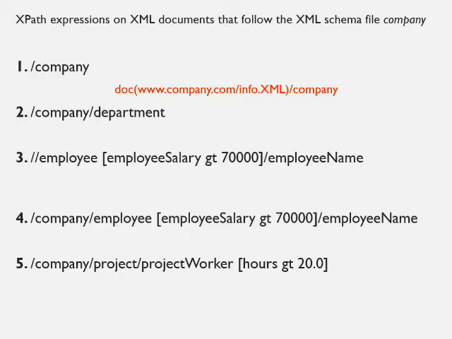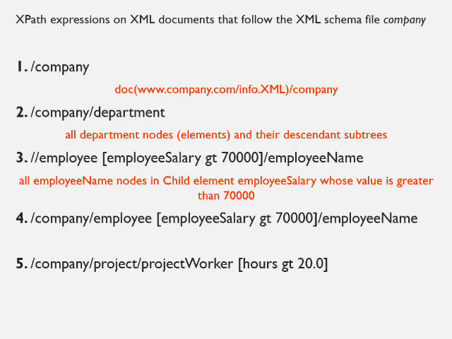Second one is /company/department, which returns all the department nodes and their descendant nodes. Third one is //employee[salary > 70000]/name, which returns all the employee name nodes in the child element employee whose salary value is greater than 70,000.